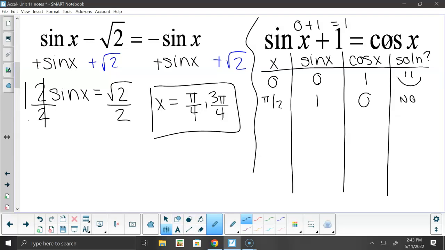All right, do you guys want to check the last two? I'll put them up there for you. So I need you guys to check pi and 3 pi over 2.